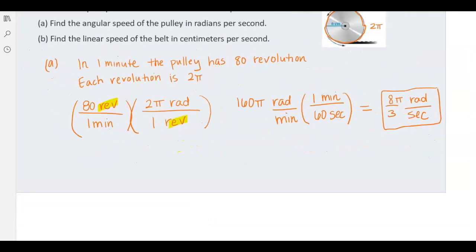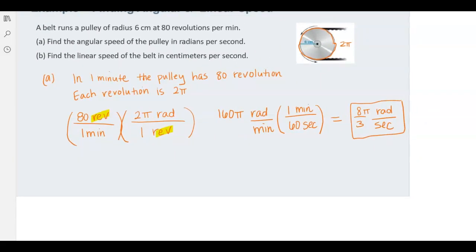Let's go back for a second. Let's go back to this step right here. When I had that radians per minute, that's how fast the angle is moving, right? So we could say we have 160 pi is equal to theta.